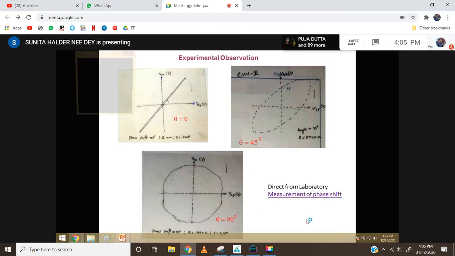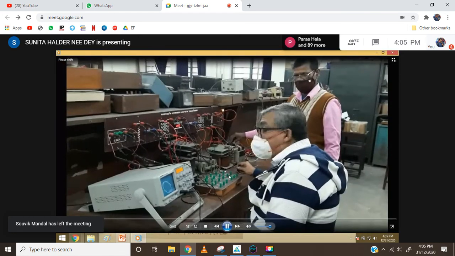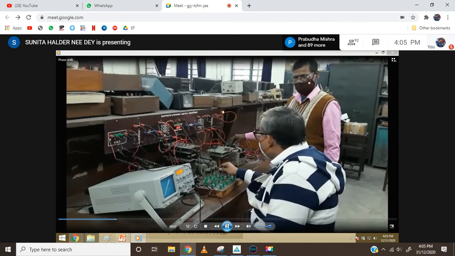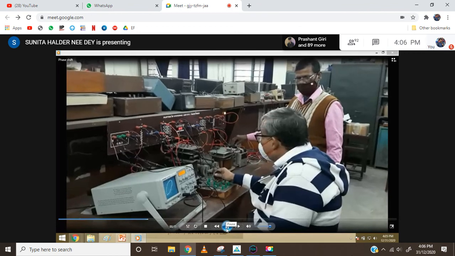From the laboratory, you can see he is changing the resistance and then getting the circle. This is the decade resistance. When we want to change in steps, we use the decade resistance, otherwise the rheostat. When he is opening, he is getting the 0 degree angle. Are you seeing that?